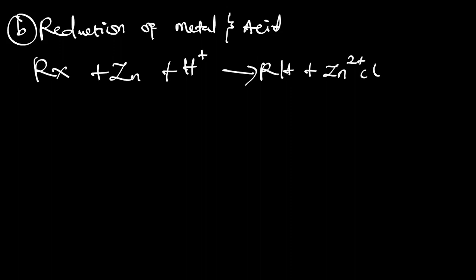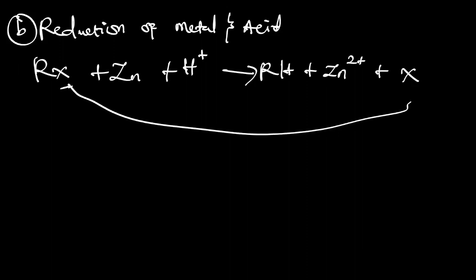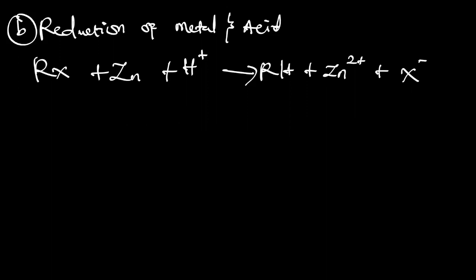The Cl will form a salt, but since I didn't write any anion here, it's better I leave it this way. So Zn2+ plus X-, the X is coming from here, just take note. So this is actually the formula for it.